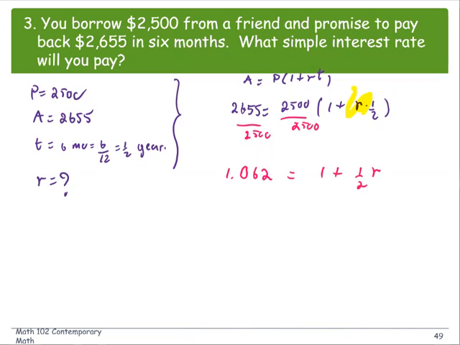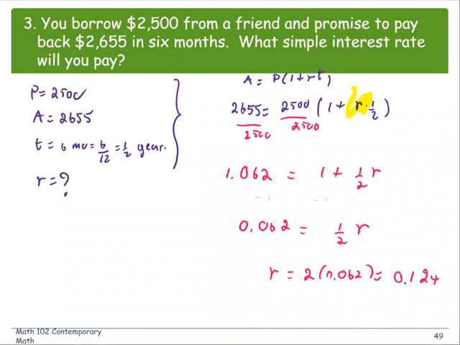Then we subtract 1 from both sides to get 0.062 equals 1/2 times R. Therefore, R equals 2 multiplied by 0.062, which is 0.124.